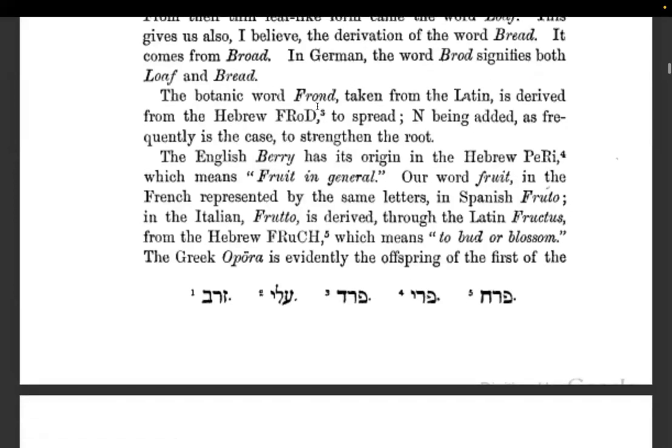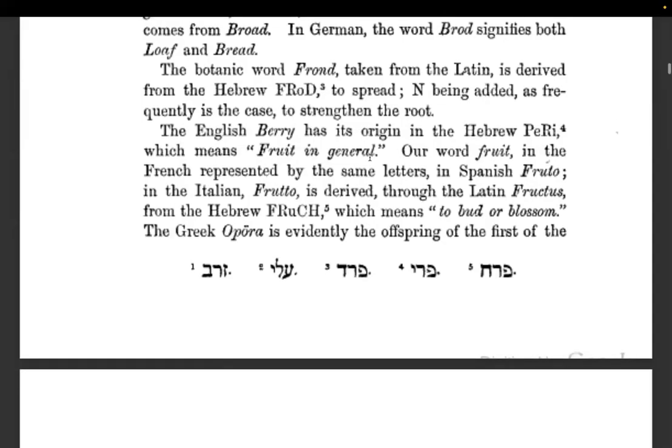The botanic word frond, taken from the Latin, is derived from the Hebrew fraud, which is pay resh dalet right here, which I was telling you before, that can be a P or it can be the PH, which makes the F sound. It means to spread, N being added, as frequently is the case to strengthen the root.